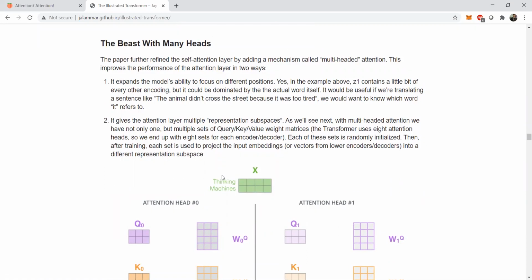That means whenever we are increasing the number of heads, essentially we are increasing the dimension of the attention subspace as well. So we are creating a manifold. As we will see next, the multi-head attention we have is not only one, but multiple sets of q, k, and v values. So instead of just one q, k, and v value, we have multiple such sets. And the classic transformer uses 8 attention heads, right?